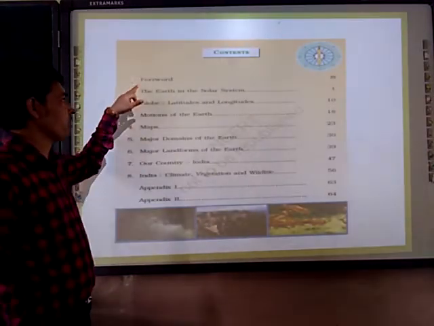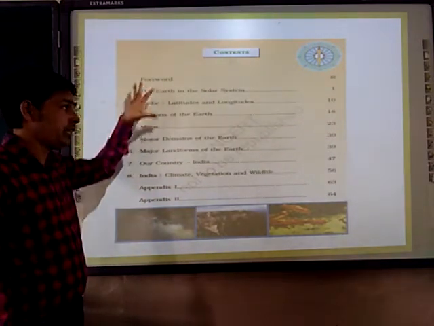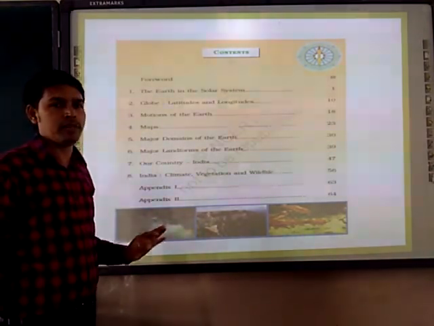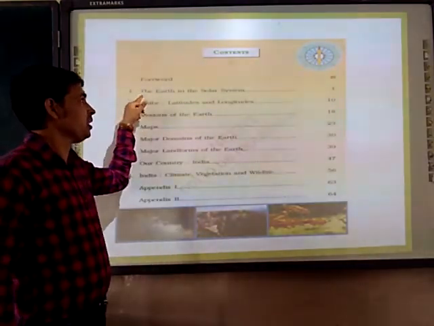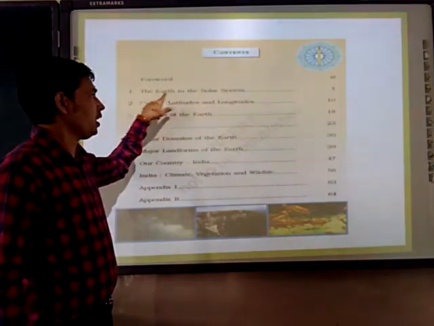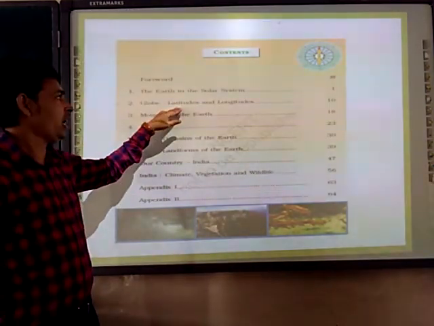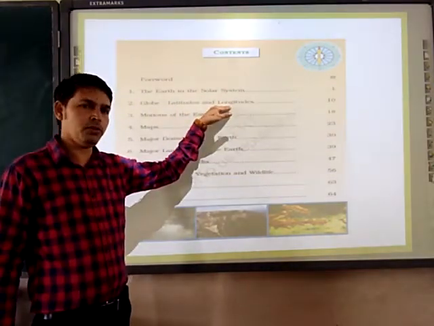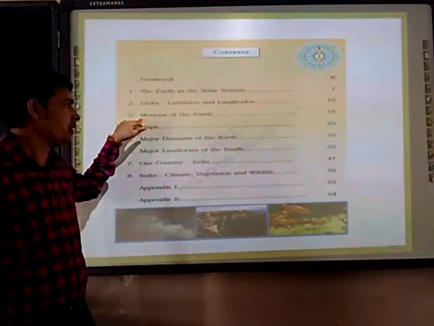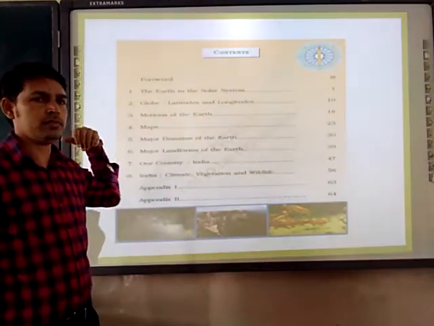So here we are going to study 8 chapters. First chapter name is The Earth in the Solar System. Second, Globe, Latitudes and Longitudes. Third, Motions of the Earth.